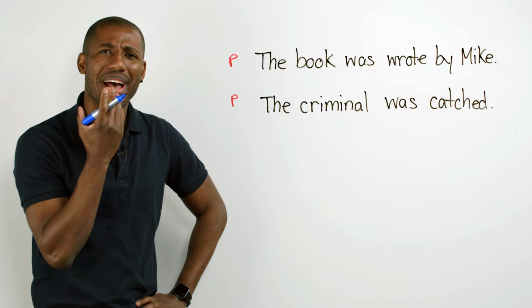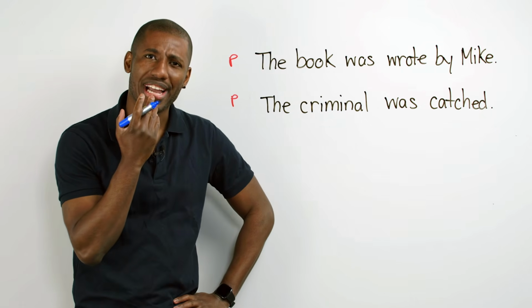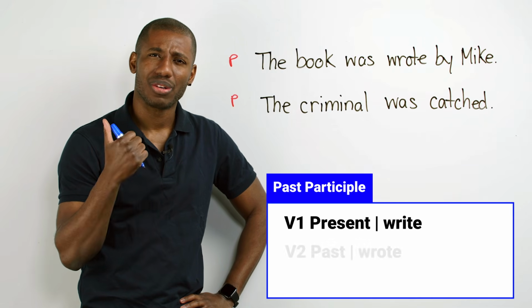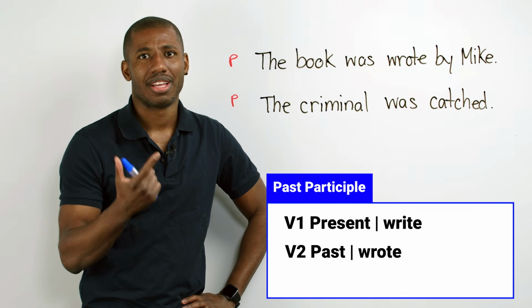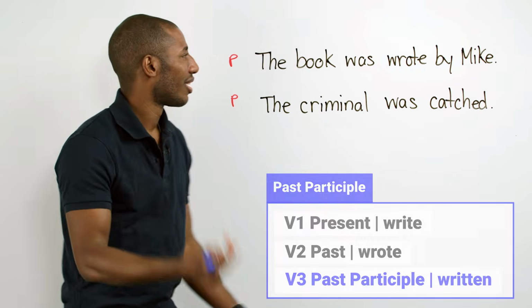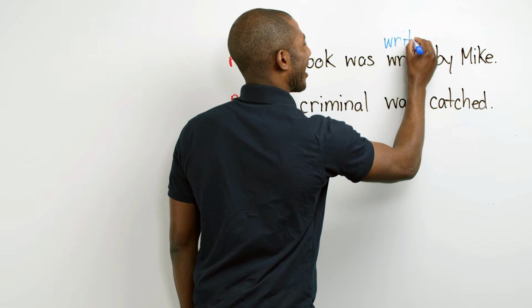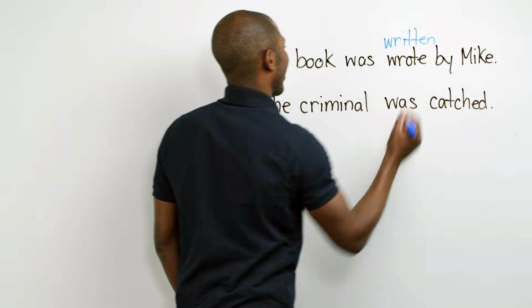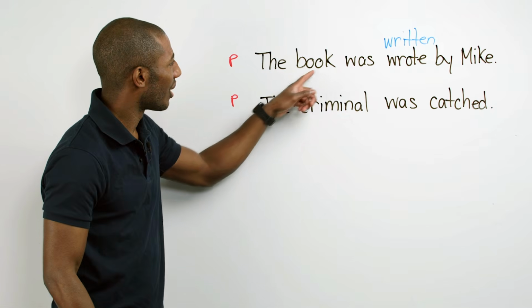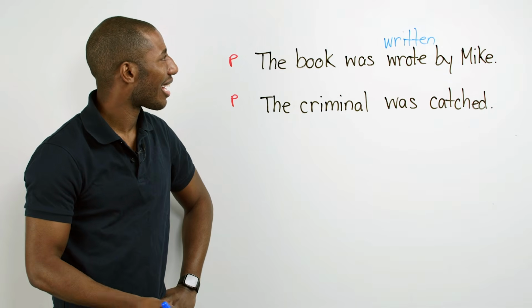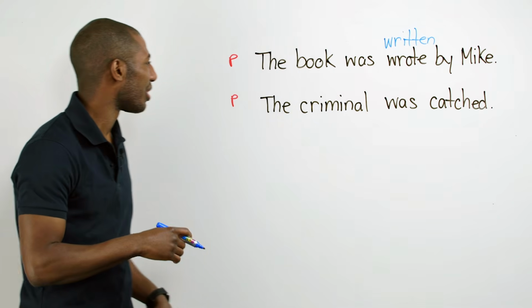Well, what is the past participle of write? Let me see. There's write, wrote, written. Oh, how do we not know that? Written. The book was written by Mike. Yeah, that sounds right. I'm sure it was a good book.